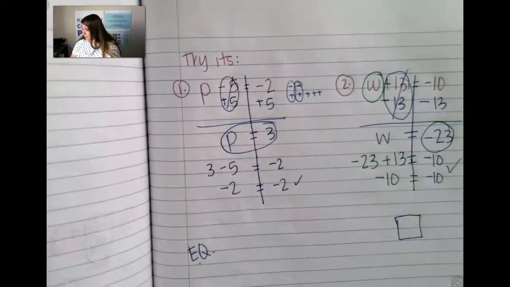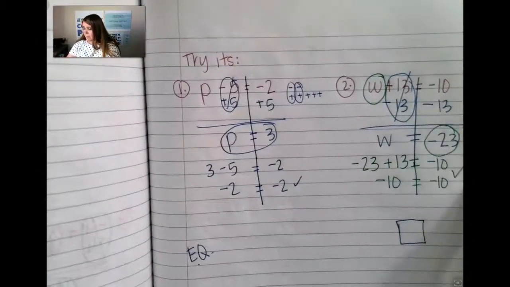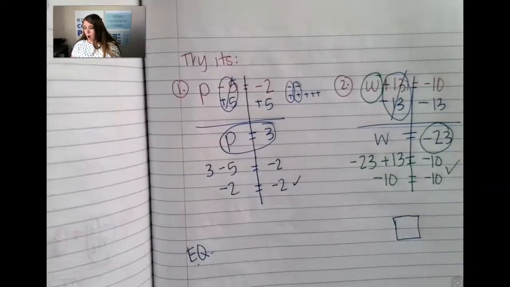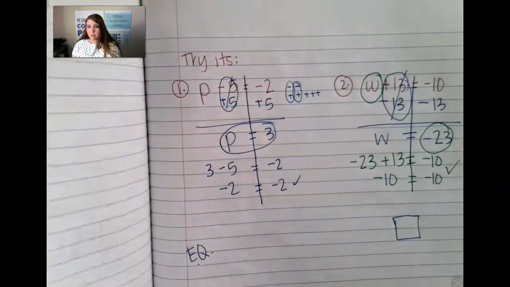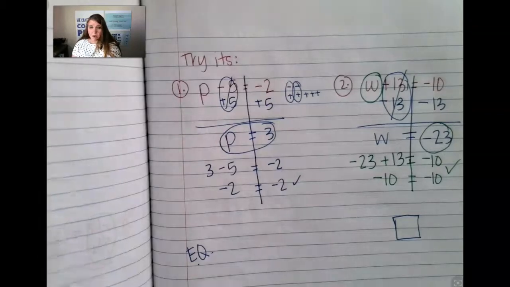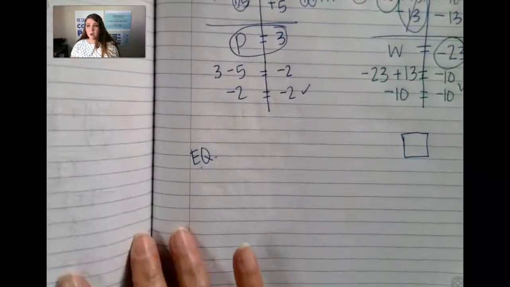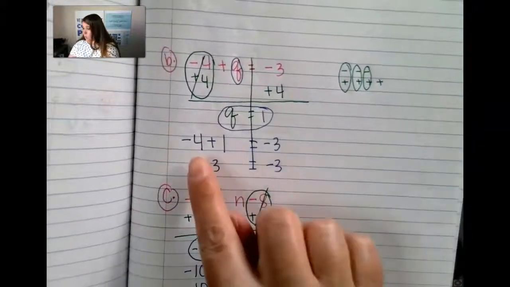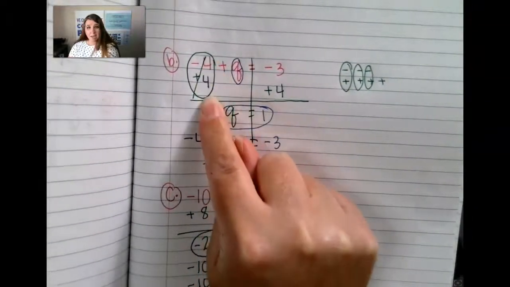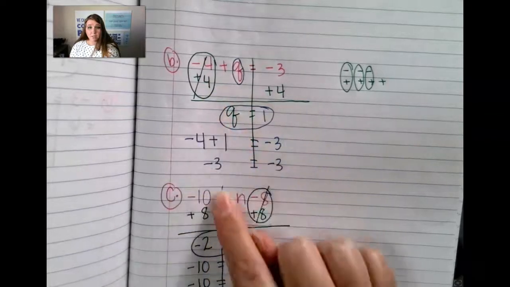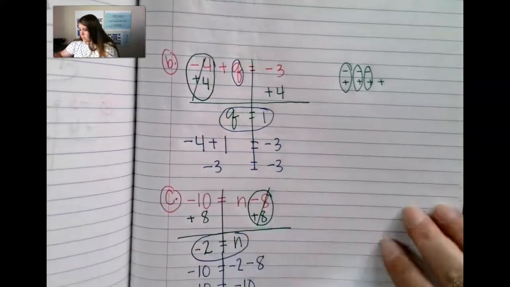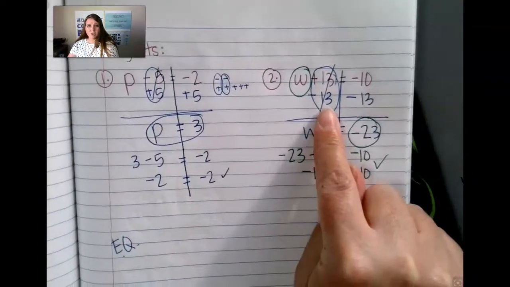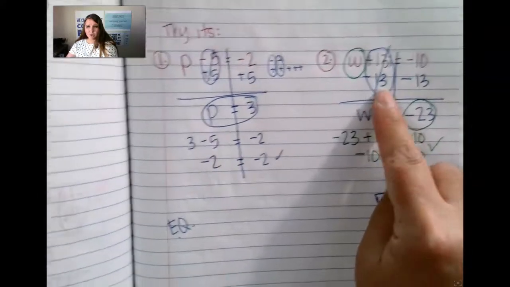Yesterday we looked at balancing by doing the opposite operation. When it was a negative, we had to add, and when it started with an addition problem, we then had to do the opposite, which was a subtraction.